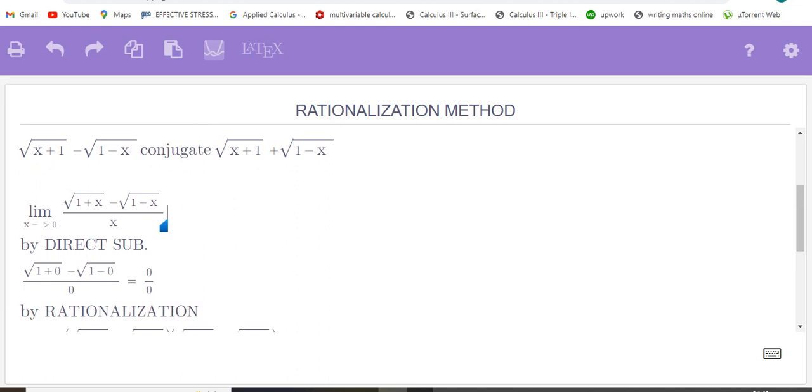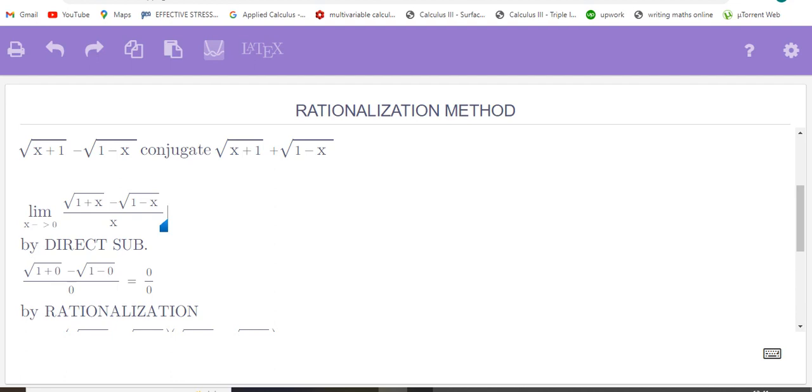Now let's evaluate our example. The first method is direct substitution. If you haven't watched the previous videos on direct substitution, L'Hopital's and the factorization method, please do so. The first one you have to start with is direct substitution, regardless of the question.